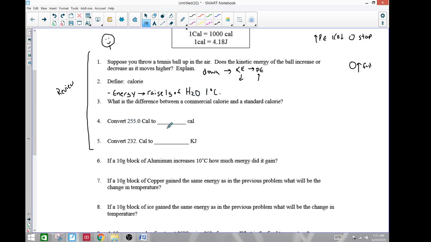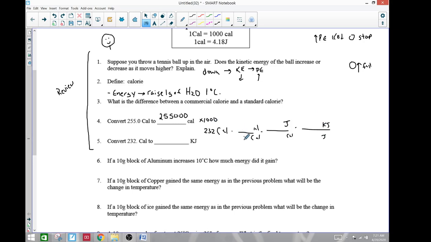Okay, this one here is just going to be times 1,000, which is going to be 255,000 calories. This one, from here to kilojoules, is going to be 232 calories. Get rid of calories and go to joules, and then get rid of joules and go to kilojoules.